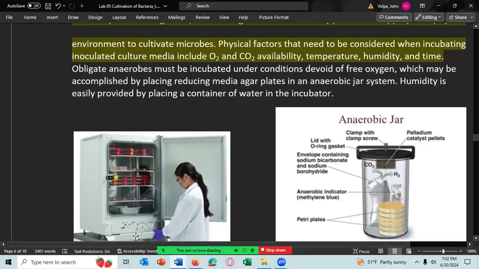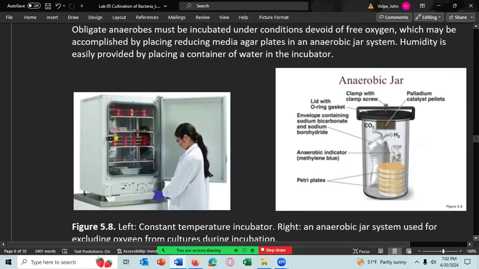This one here has a bunch of knobs for controlling the amount of oxygen and the amount of CO2 that's available to the cells. For bacteria that are anaerobes, you'd probably want to grow them in a special condition where they receive no oxygen.